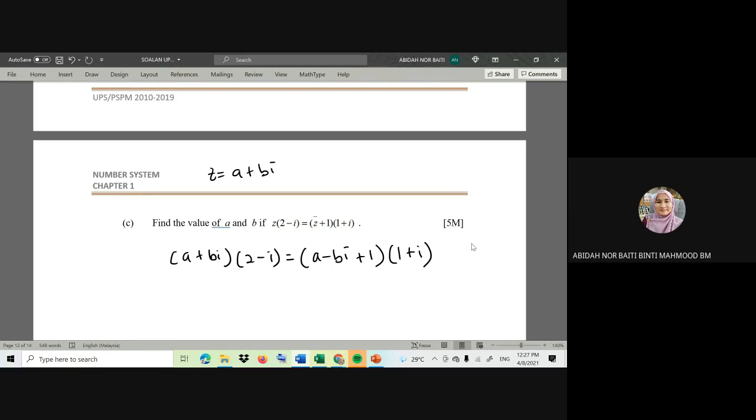So here, we first arrange in the form of complex number. A plus 1 minus BI, same, times 1 plus I.